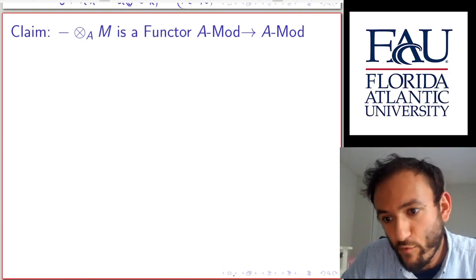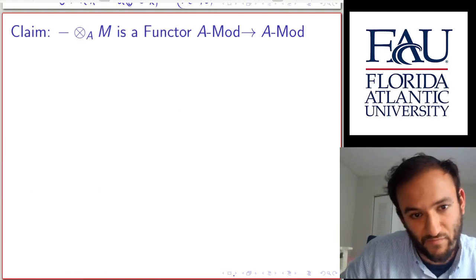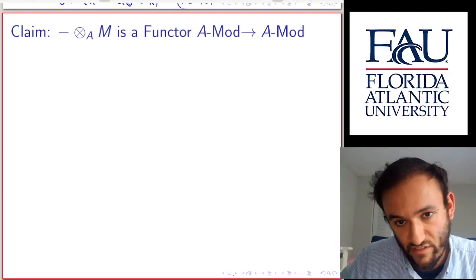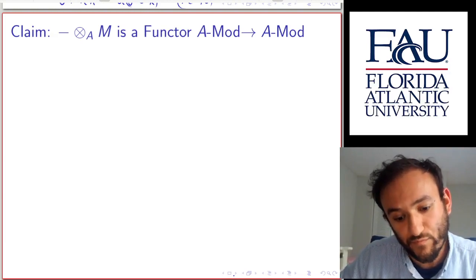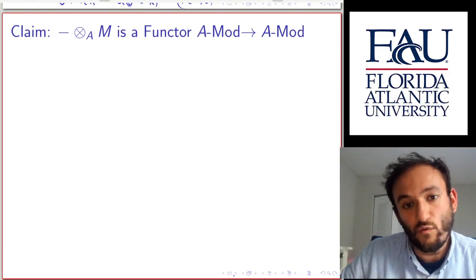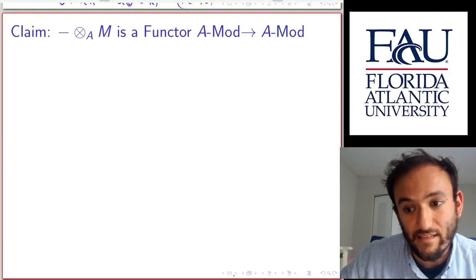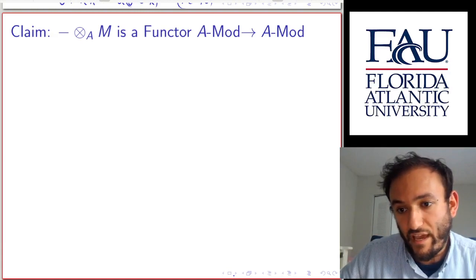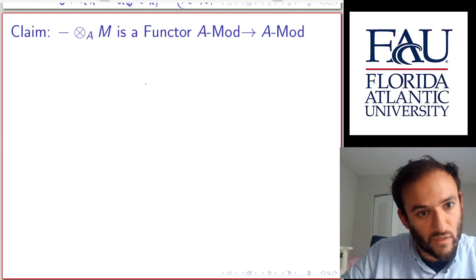Okay, and now we move to functor land. So you'll recall from previous talks that we have A modules as a category, with A module homomorphisms as morphisms of the category.